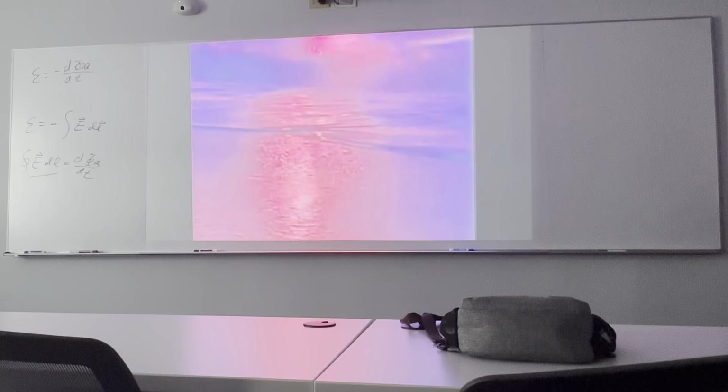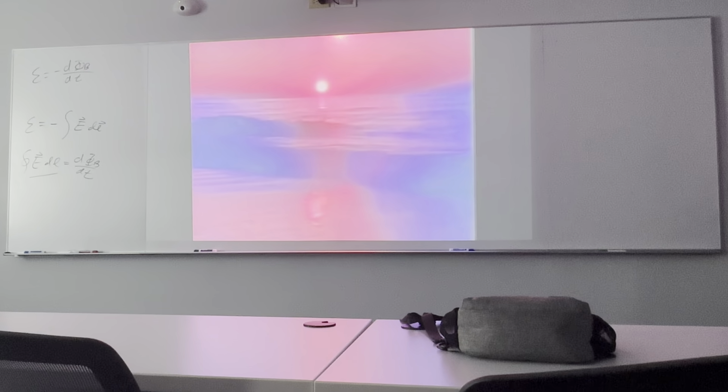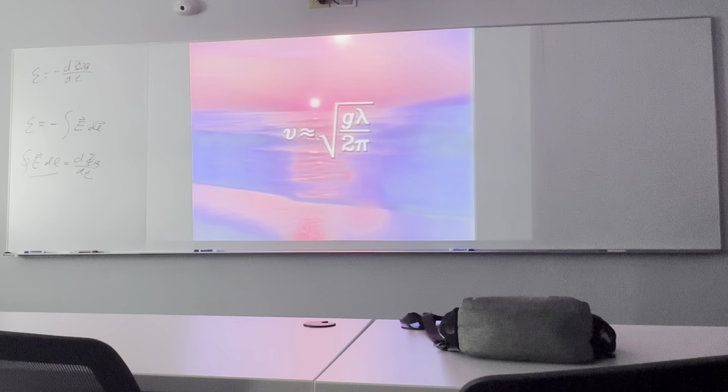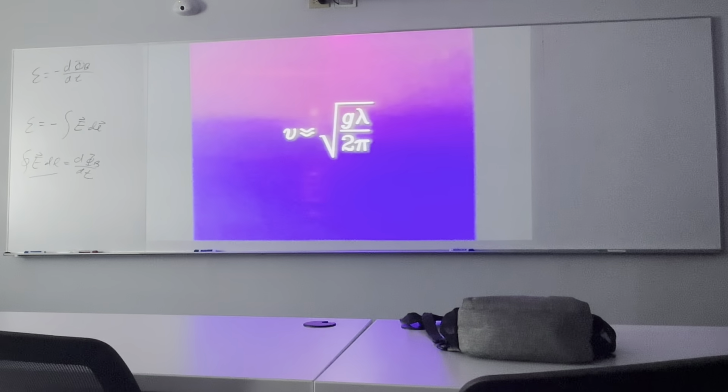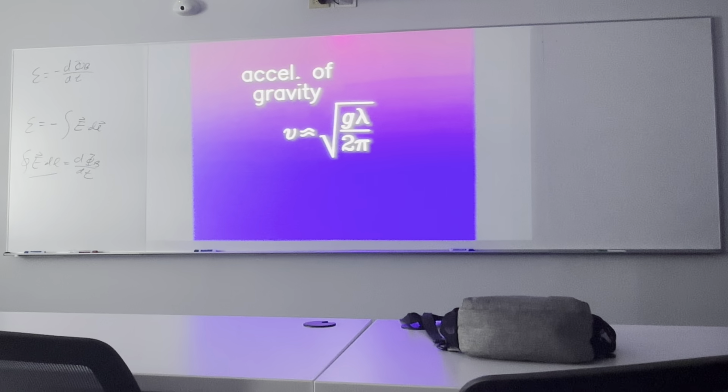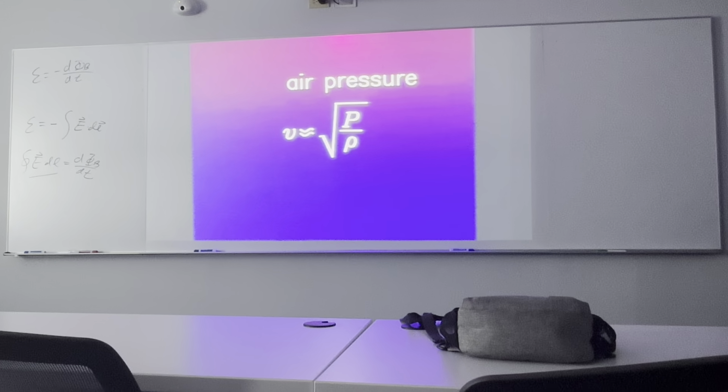Any wave has a definite speed, depending on what makes it go. For example, in deep water, the speed of waves depends on the acceleration of gravity and the length of the wave. In air, the speed of sound depends on the air pressure as well as the density of the medium.